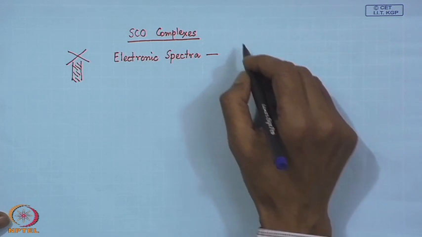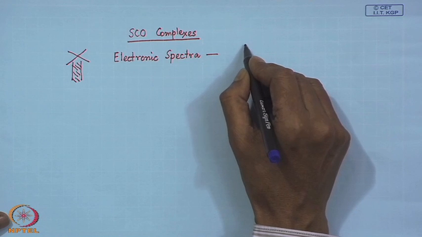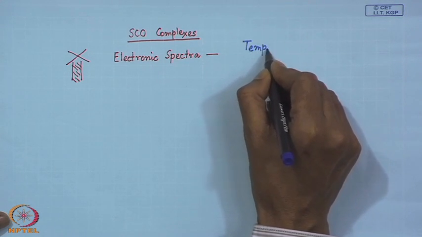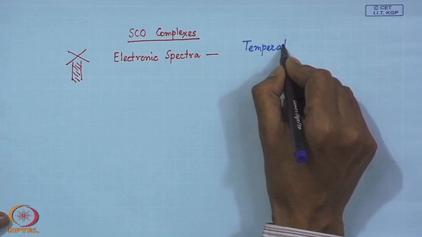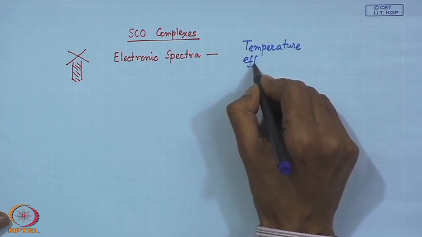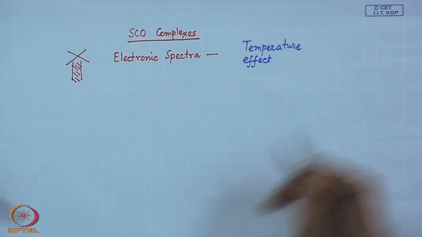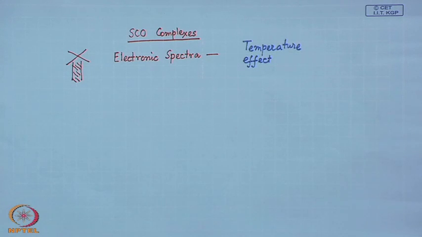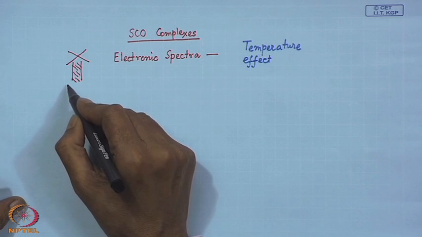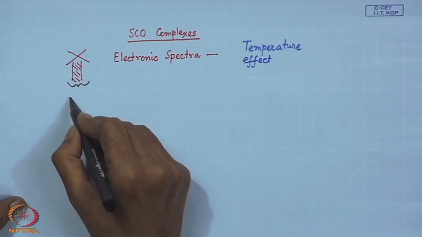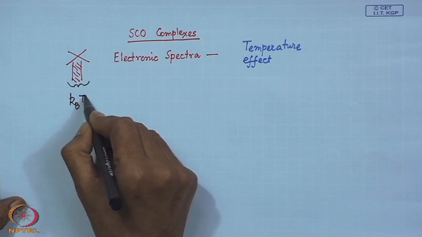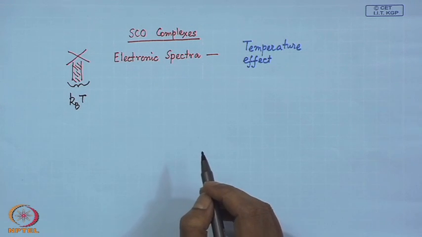In all these cases we are observing the temperature effect on these molecules, because this particular crossover region lies within the kT region.